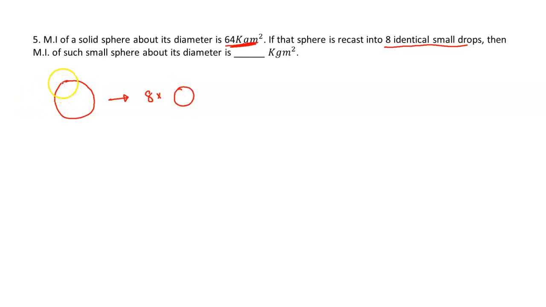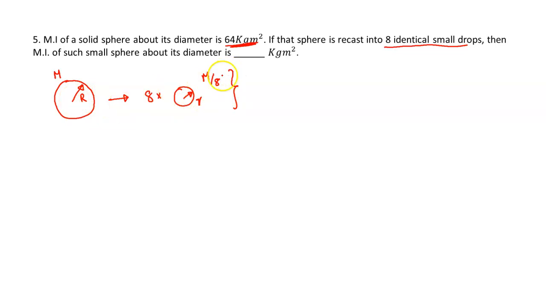Let us assume the mass of the bigger sphere is m and the radius of this bigger sphere is r. As we are dividing it into 8 identical drops, the mass will become m by 8. Radius, let us take it as small r. Now to find out this radius, I am going to conserve the volume. Volume of the big sphere will be equal to the sum of the volumes of these 8 spheres.